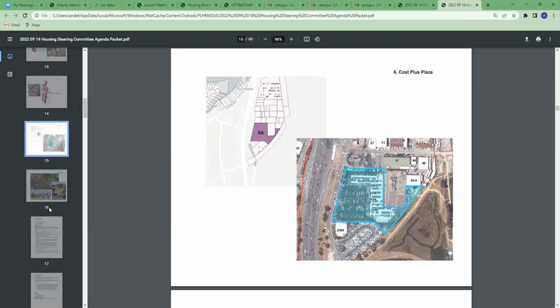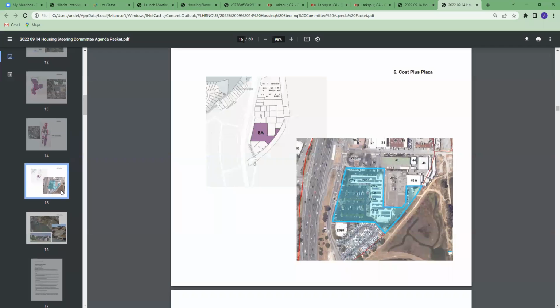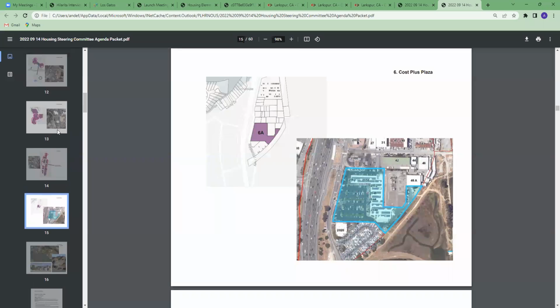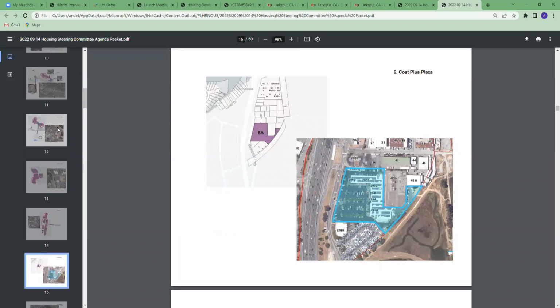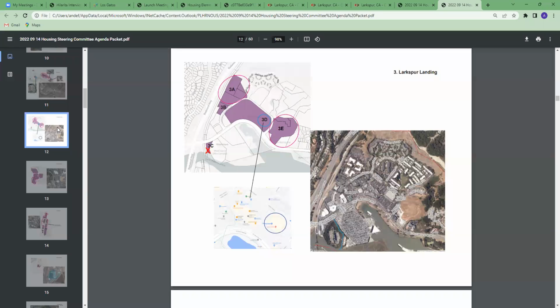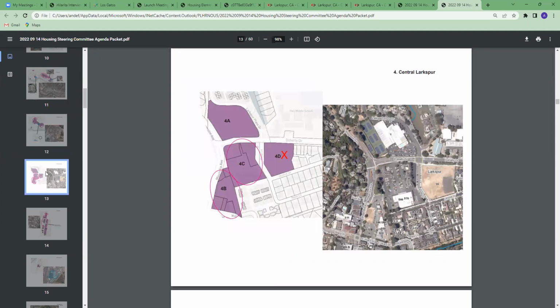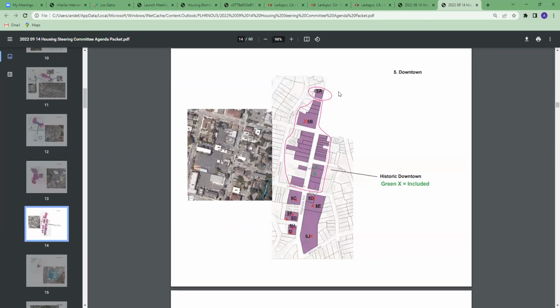I'm open to starting to talk to a developer and being part of the solution down the road, not immediately married to any particular idea yet. I already have 4 studios on one property and 1 small house on the other. I don't know how it would all fit in. It's much smaller than the other sites that you've been talking about in Larkspur Landing. It's not going to solve your housing needs unless you let me build 20 stories.